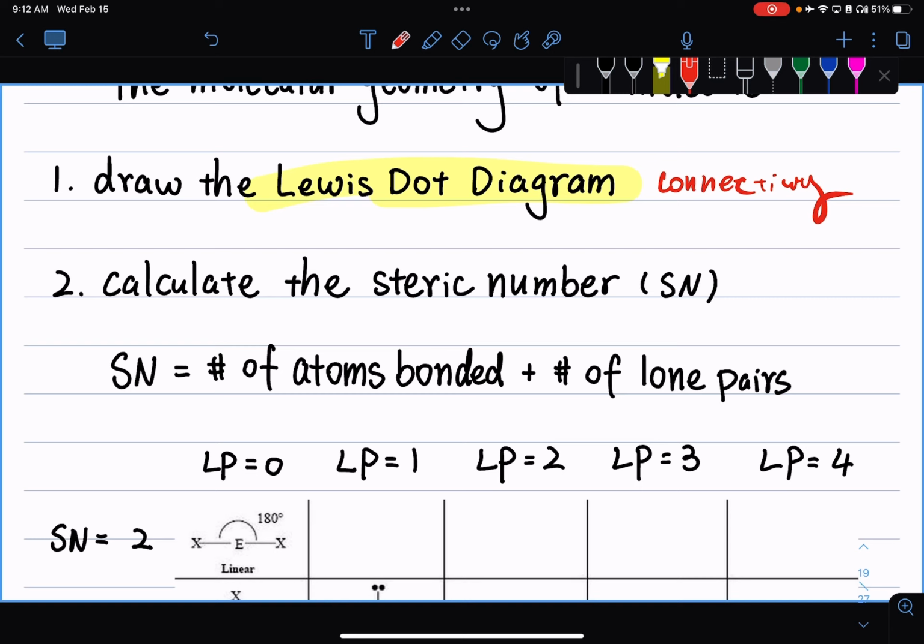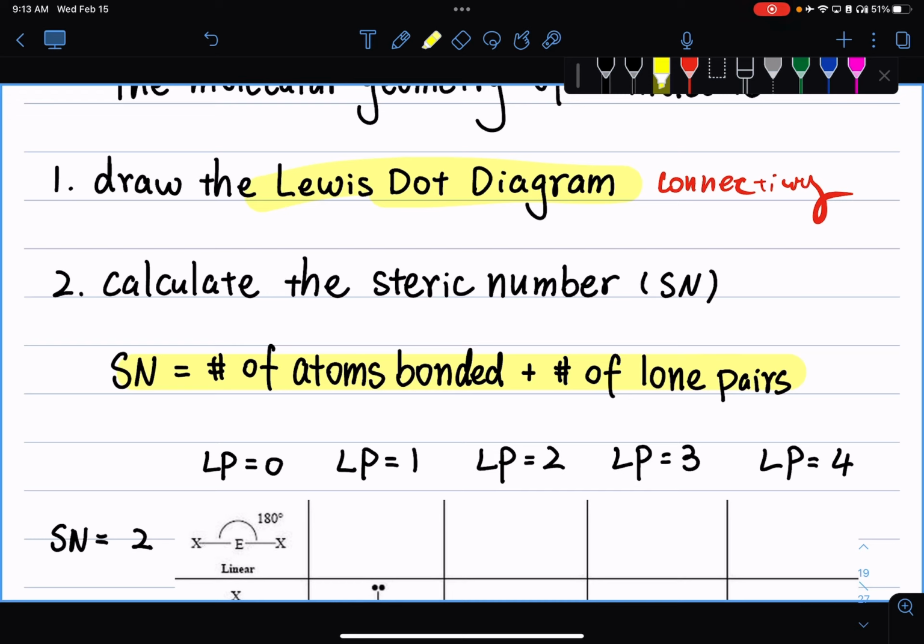Second step, you calculate something called a steric number. The steric number is a little bit different from the number of chemical bonds. The steric number only counts the number of things, whether it's an atom or a lone pair, that's surrounding a center atom.